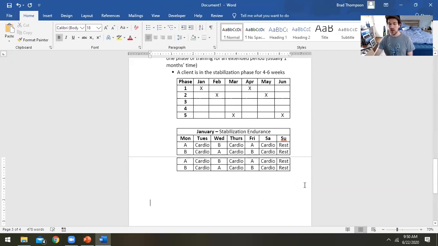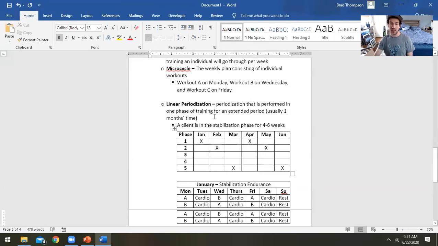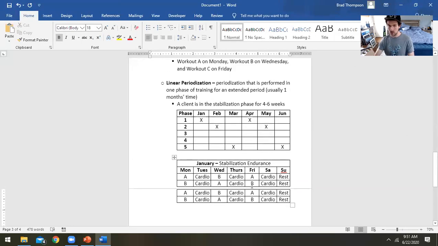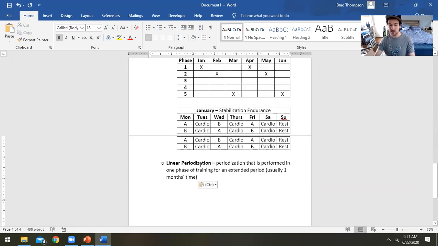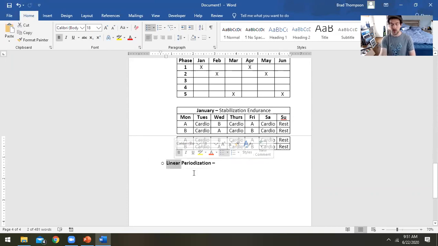Okay. Now, let's take a look at undulating periodization, right? Undulating periodization is going to be similar to this, except that instead of staying in one phase of training, you are actually going to use multiple phases of training per week. Actually, I need to do one more thing.